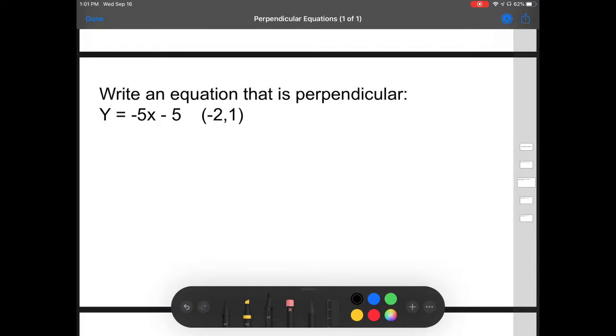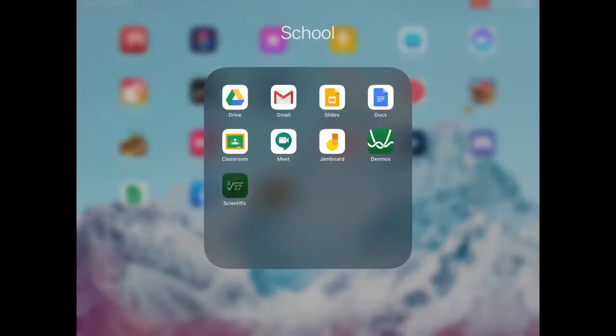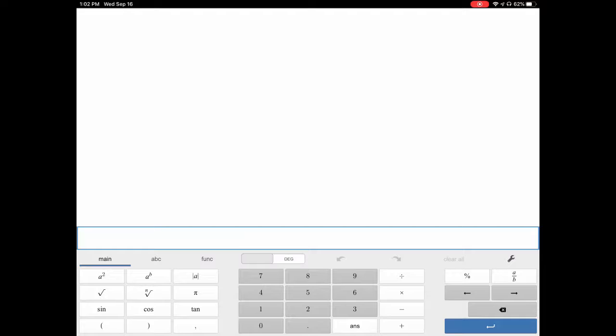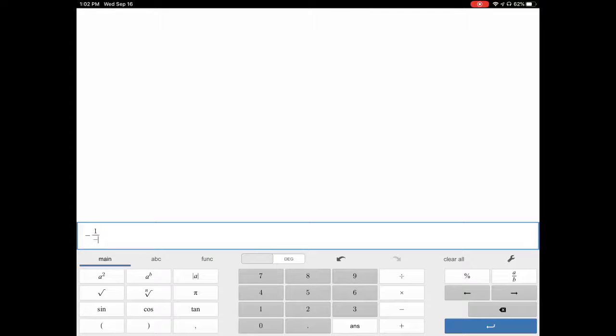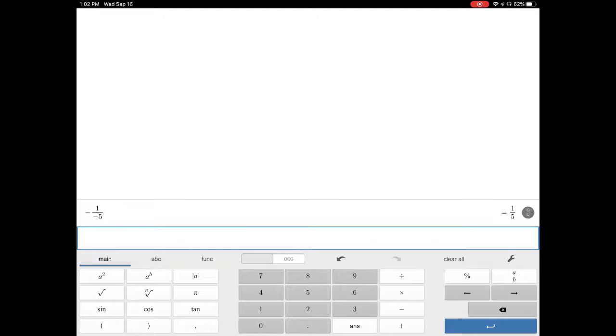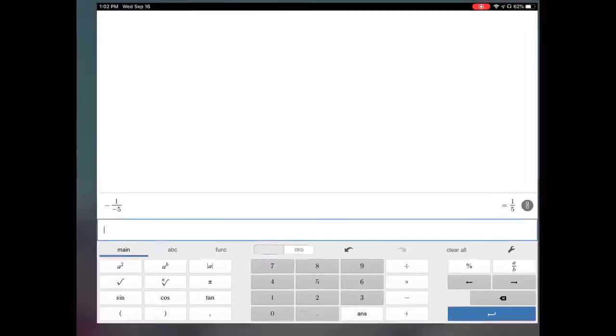It's just that for the slope, since the slopes are not the same, we take the slope, so this is the slope, and we need to know what to multiply with it to give us -1. We went over how to do this before. What you do is you take -1 divided by -5, put it in your calculator. We'll open up Desmos here. -1 divided by -5 is 1/5.